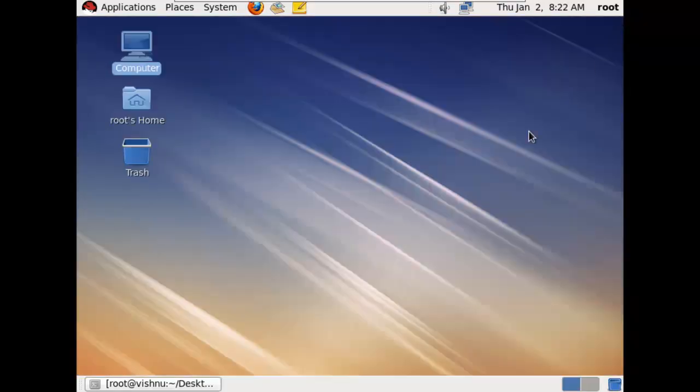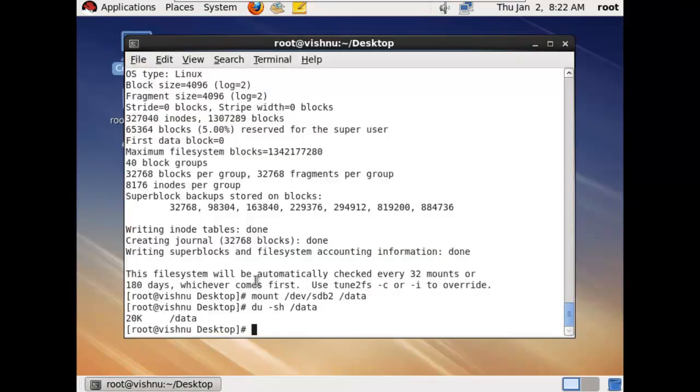Ultimately, I want to make you aware of one more thing. We have mounted this SDB2 to a folder named data, so whatever data you store will get stored on SDB2.